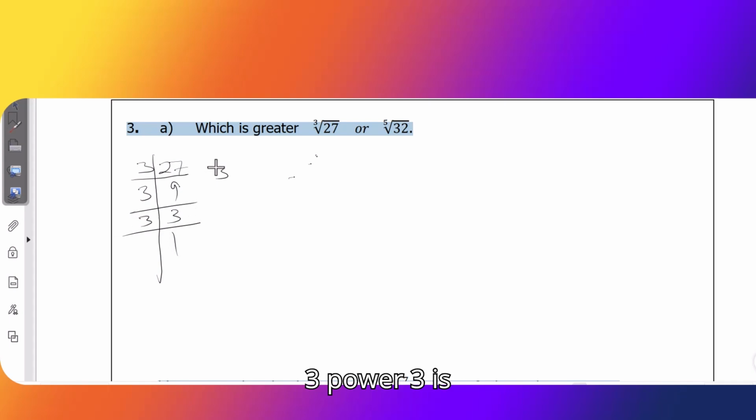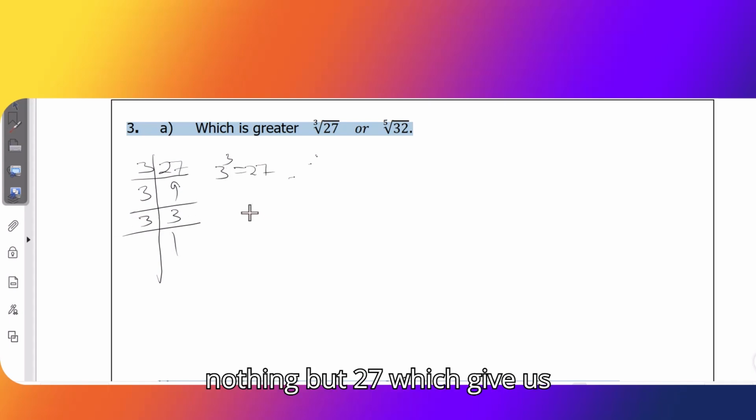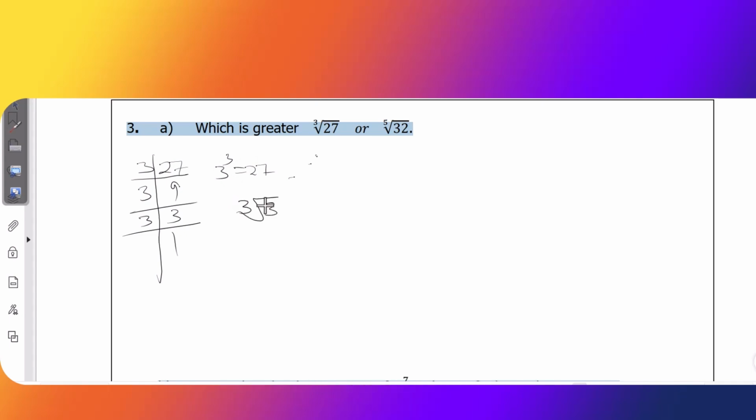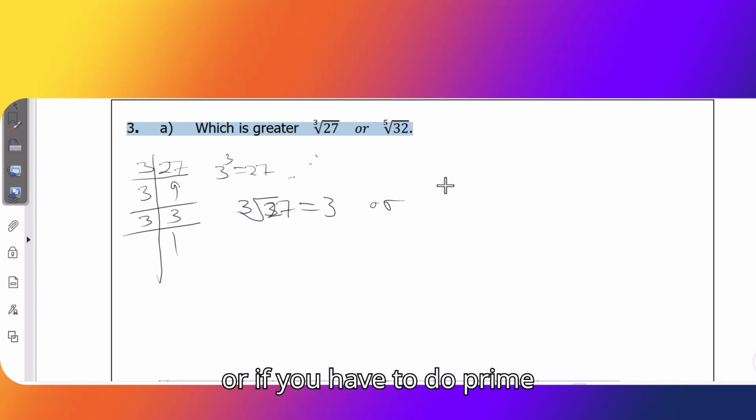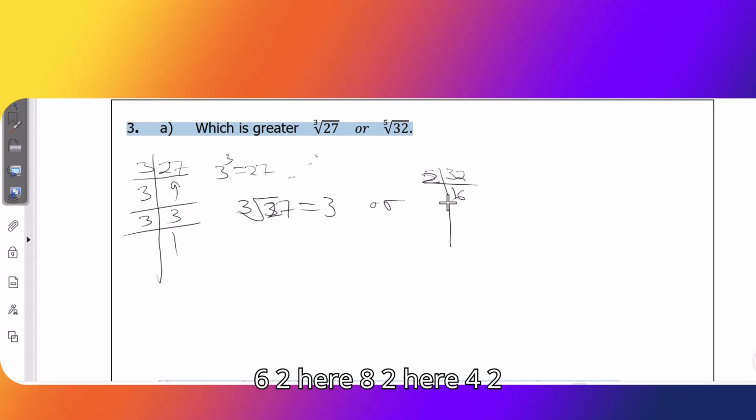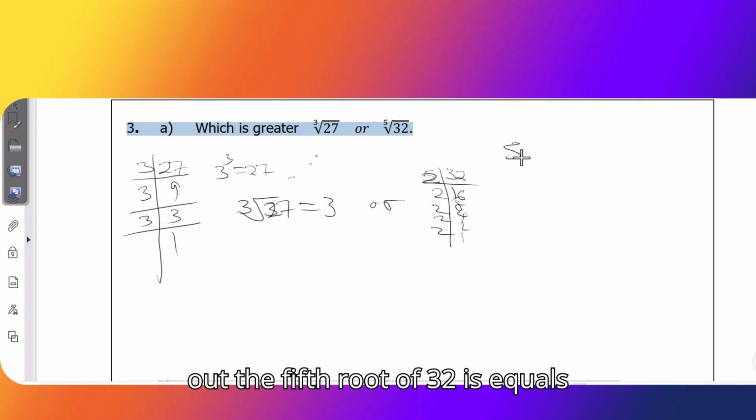So 3 power 3 is nothing but 27, which gives us the cube root of 27 equals 3. If you do prime factorization of 32, which is 2 here, 16, 2 here, 8, 2 here, 4, 2 here, 2, 2 here, 1, you find the fifth root of 32 is equal to 2.